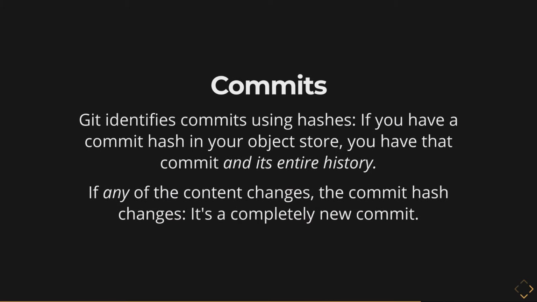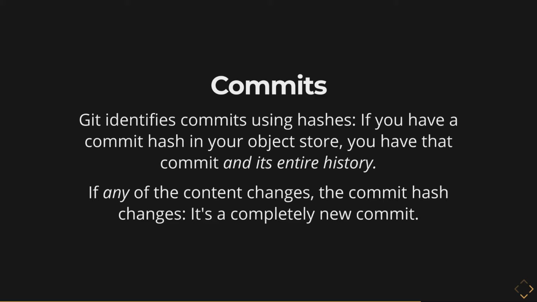Now, the great thing about commits, and all we've talked about so far, is that since a commit refers to a tree by its hash, and a tree refers to files by their hashes, if any change happens to a file inside a tree, the hash of that tree will be wildly different.